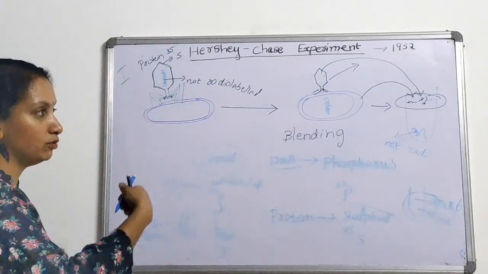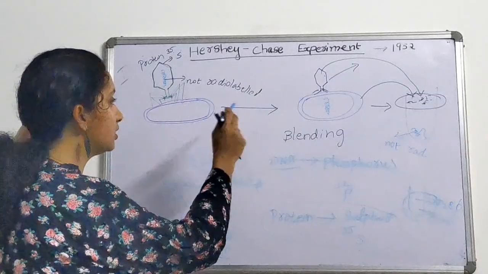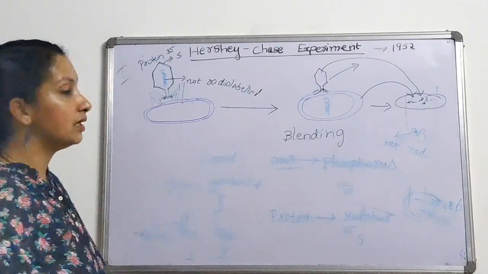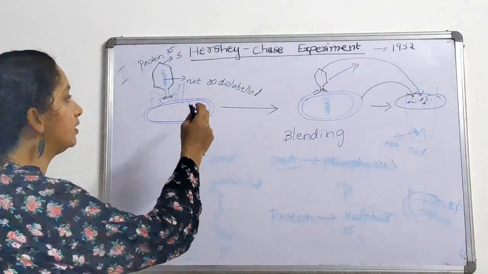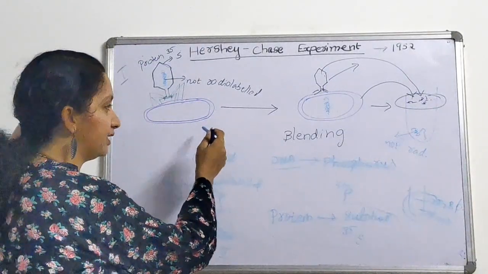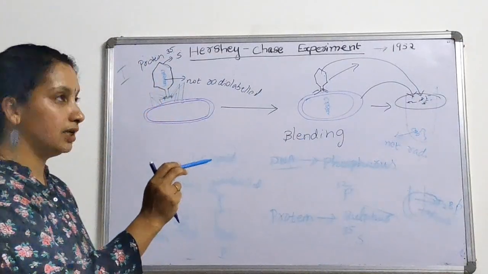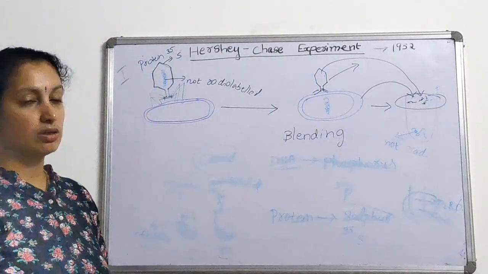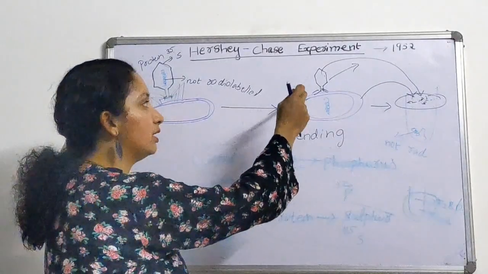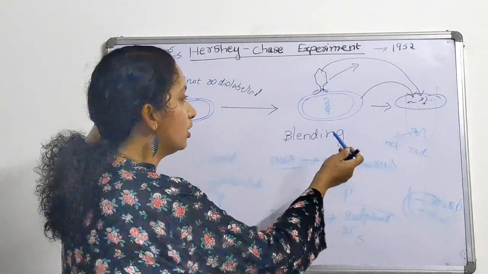So what is the conclusion of the experiment, or the interpretation of the result? The experiment was conducted by making the T2 bacteriophage infect the E. coli, and after the adsorption or infection, we can see the genetic material is inserted and the other parts, like the protein coating or capsid along with the tail fibers and tail plate, stay away from the bacterium by the blending process.